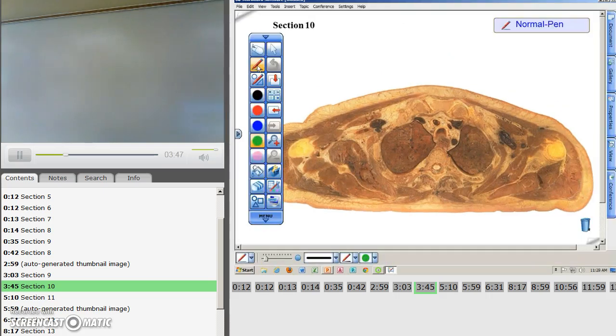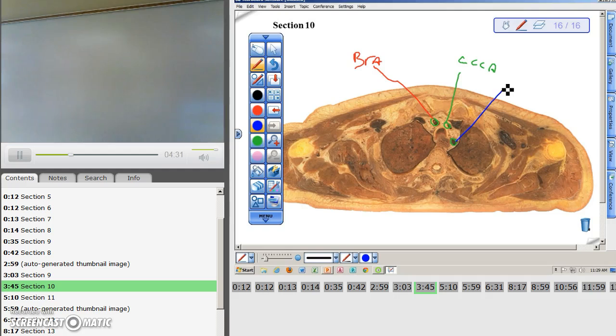Section 10. Now, the heart has 3 main branches coming off of it, off of the aortic arch. We have the brachiocephalic artery. We have the left common carotid artery and the left subclavian artery. So that one there is the brachiocephalic. We have the left common carotid artery.